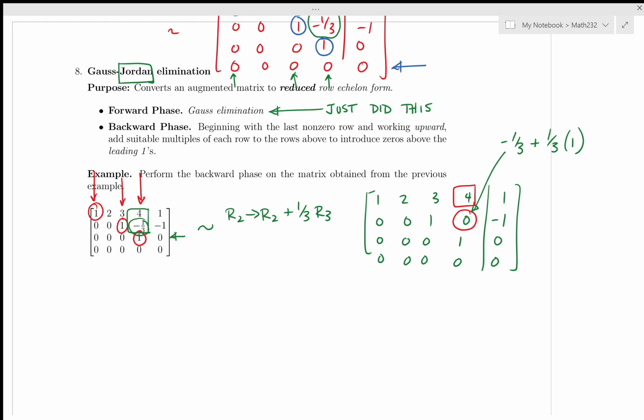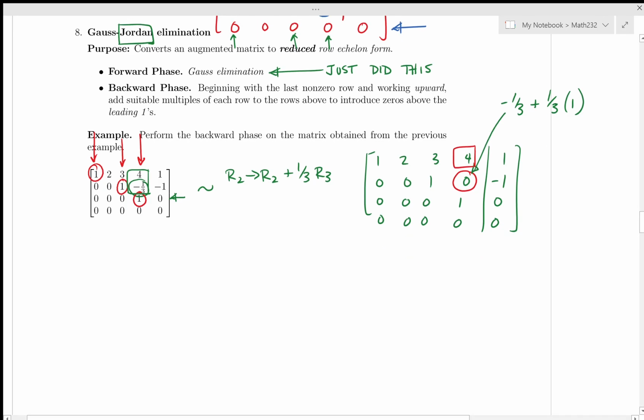How do we do that? Let's look at a row operation we can perform. We're dealing with row 1. If we subtract 4 times row 3 from row 1, that will give me the 0 that I want.